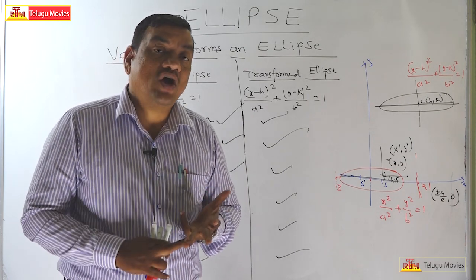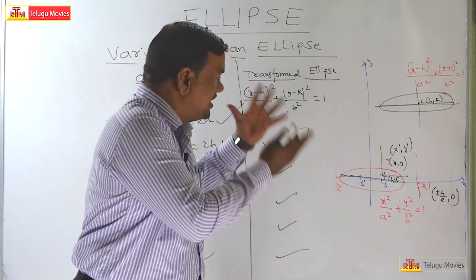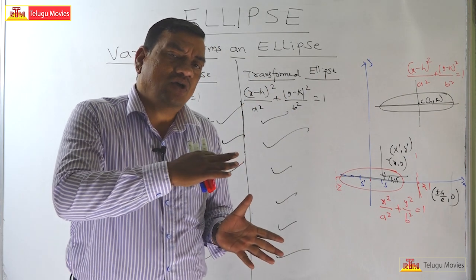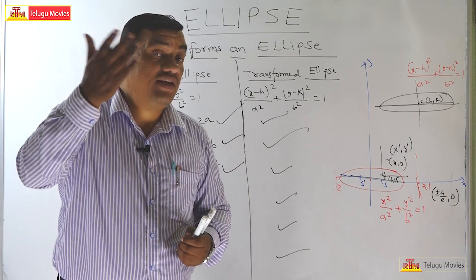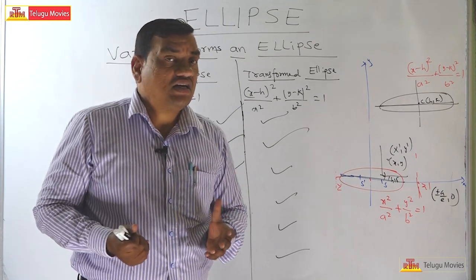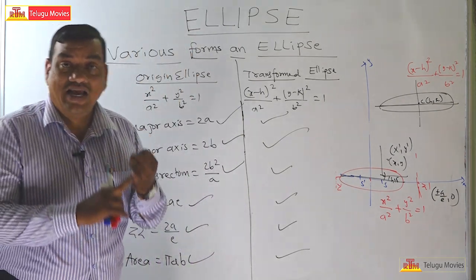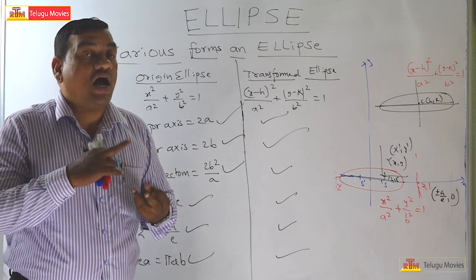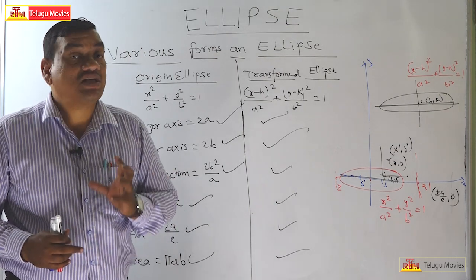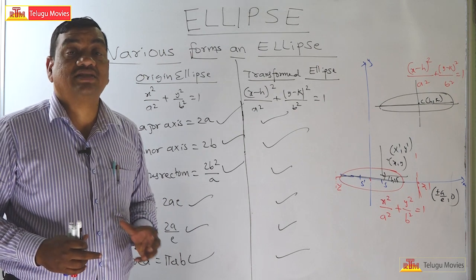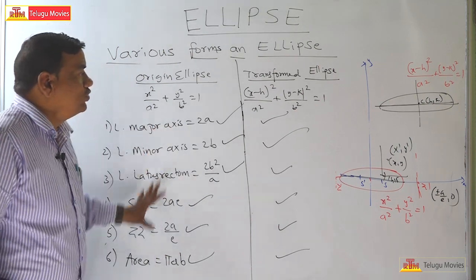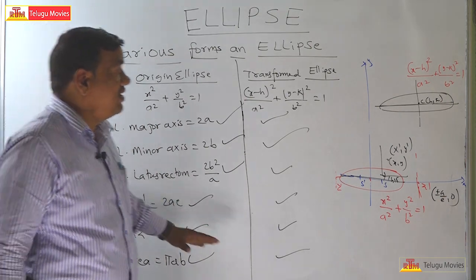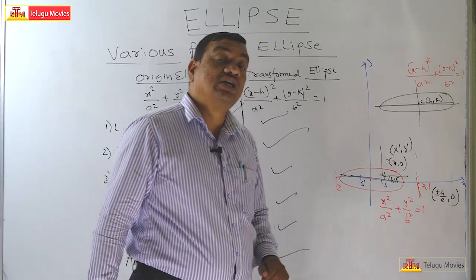Whenever you rotate the axis or shift the axis from one point to another point, whatever transformations you do, lengths, areas and volumes of the objects are invariant quantities. Invariant means no change. I hope that you understand this concept for the horizontal ellipse.